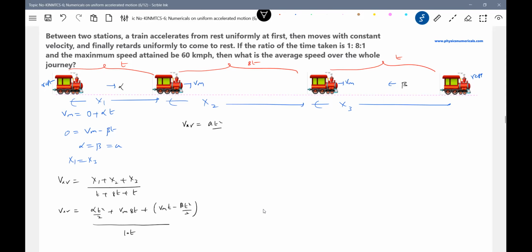So the average speed will be a t square by 2, plus 8 Vm t, plus a t square by 2. Vm is what? a t. Alpha equals beta is what we wrote. So this should be equal to a t square by 2, Vm is a t, so 8 a t square, and this should be 10t.